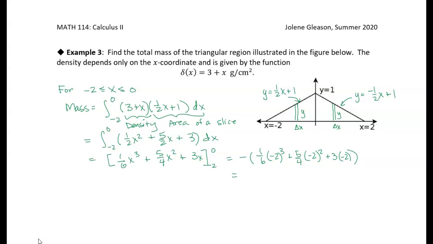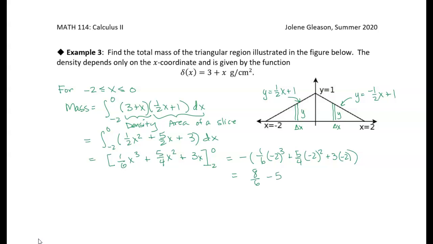-2 cubed becomes -8, and then it's the negative of that, so it becomes 8/6, which is actually 4/3. I'll just leave it as 8/6 for now. And then -2 squared is +4, so this becomes a 5, and it becomes minus 5.